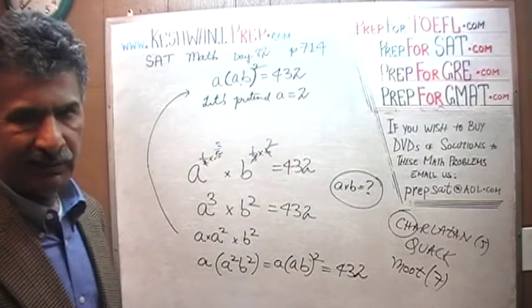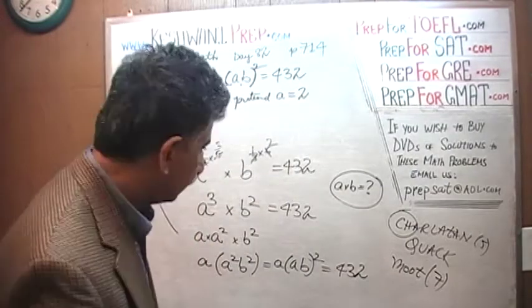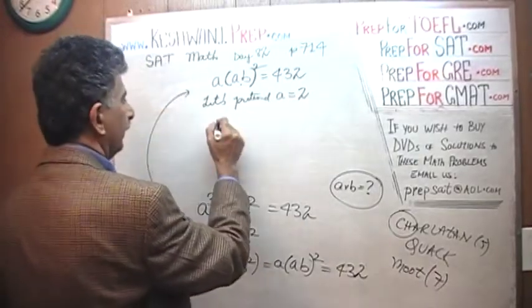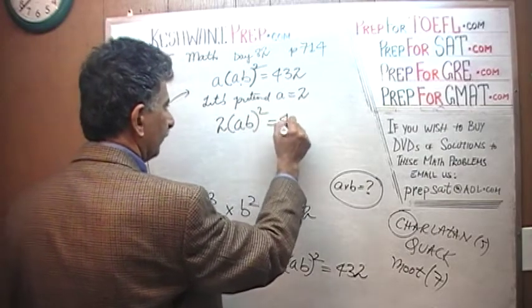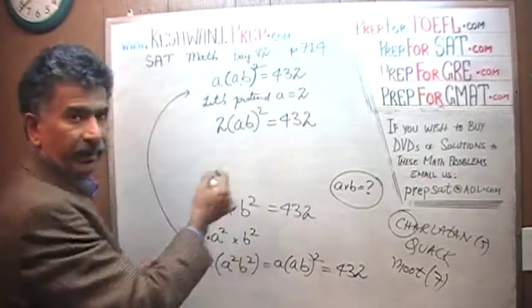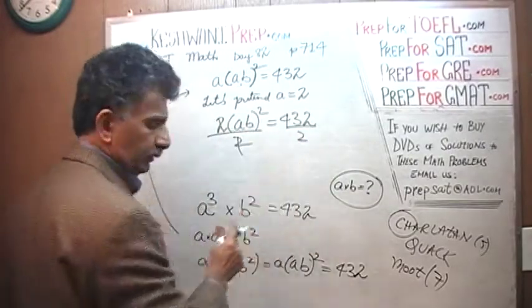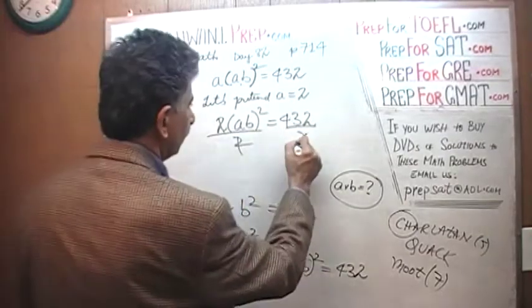So let's pretend that A is equal to 2, and we'll see if that works. If A happens to be 2, then 2 times AB squared equals 432. We divide both sides by 2, and we find that, how many 2's in a 4? 4 has 2 2's.